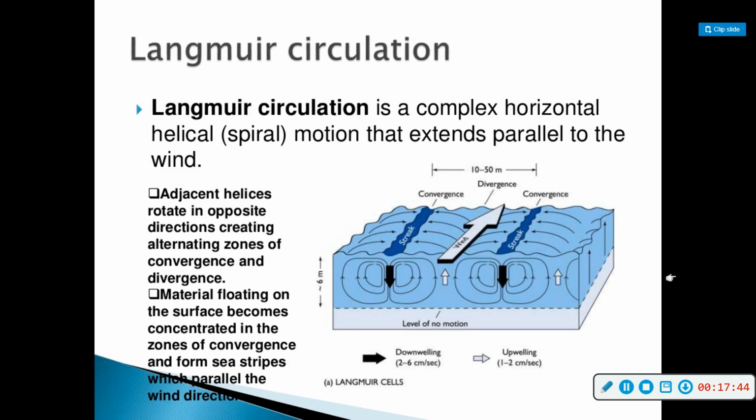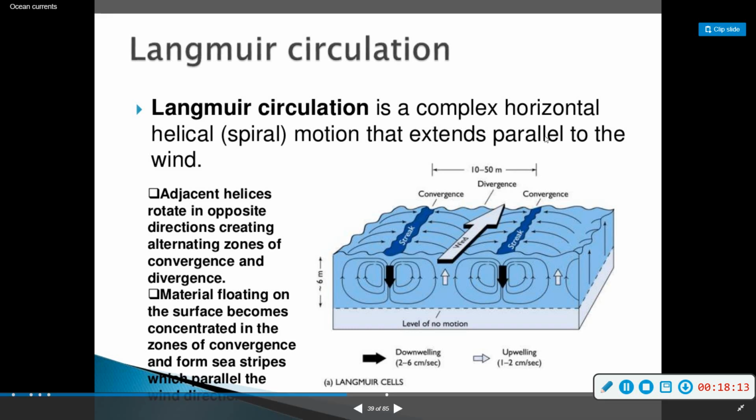Langmuir circulation is a complex horizontal helical or spiral motion that extends parallel to the wind. Adjacent helices rotate in opposite directions, creating alternating zones of convergence and divergence. Material floating on the surface becomes concentrated in the zones of convergence and forms sea stripes which parallel the wind direction.